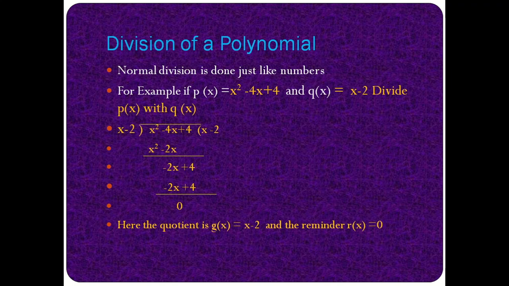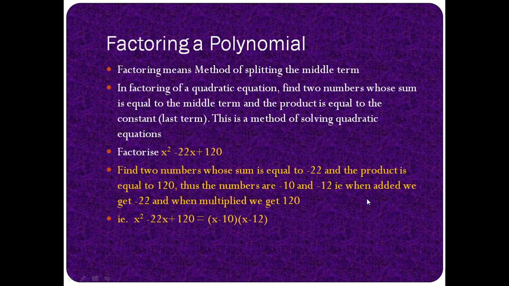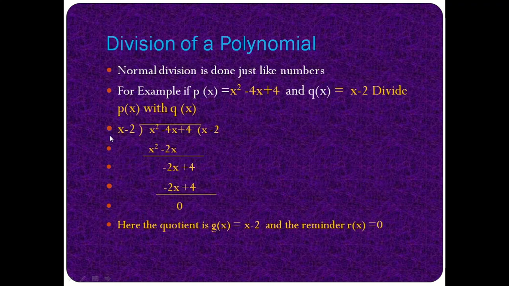How much do you have to multiply this x by to obtain x square? You have to multiply x minus 2 with x and write it in the quotient part. So x minus 2 into x is equal to x square minus 2x, and I write it here.